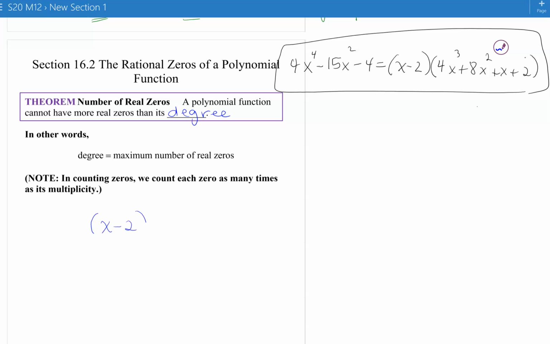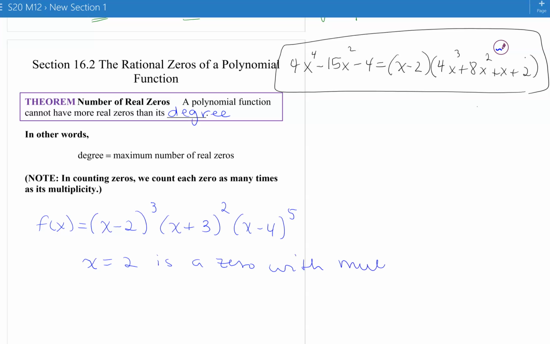So suppose our function could be factored like this: x minus 2 cubed, and x plus 3 squared, and x minus 4 to the 5th, then we'd say x equals 2 is a zero with multiplicity 3.